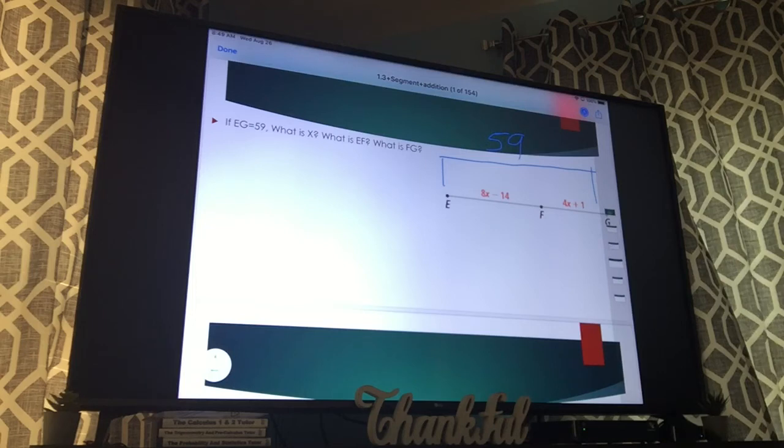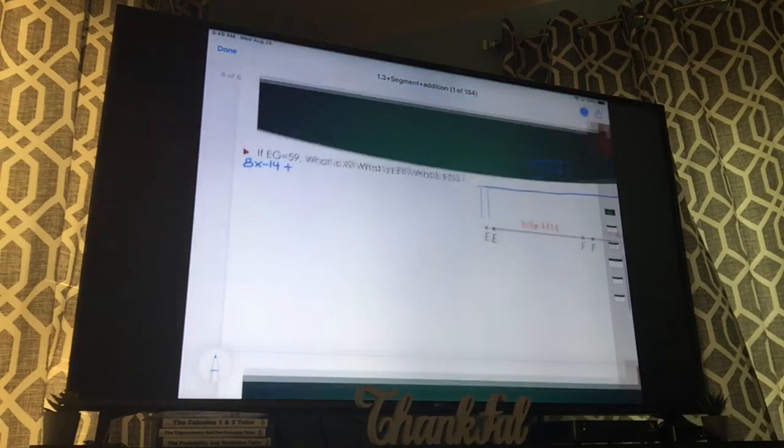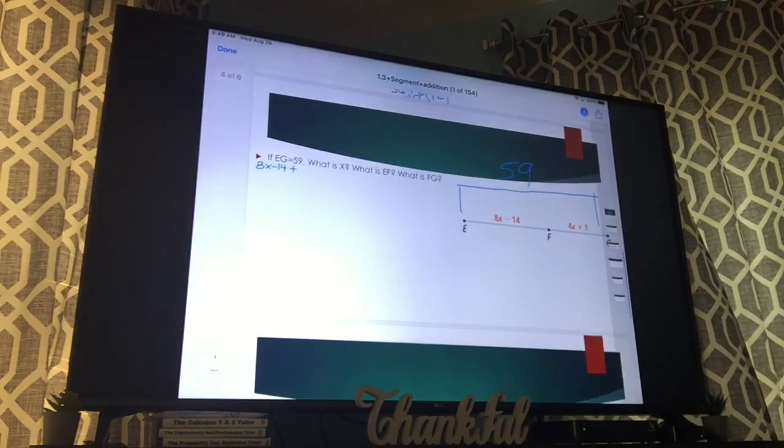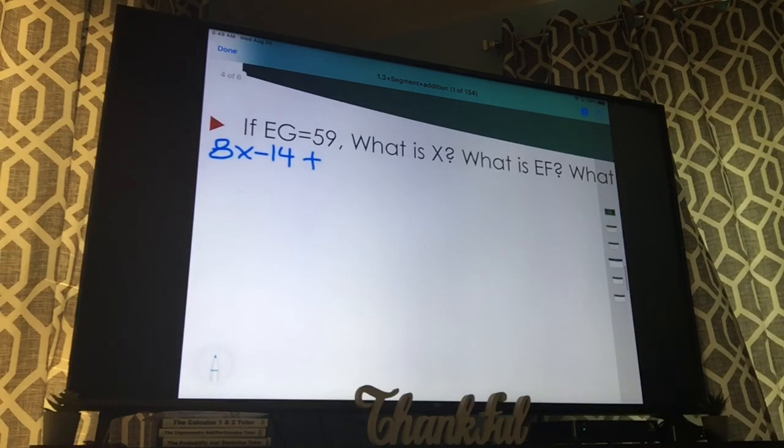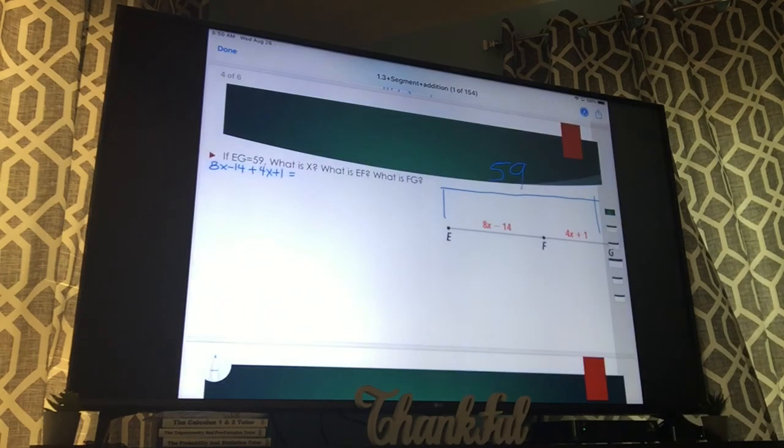So, it says 8x minus 14. That's our first segment, so we'll just pretend, but AB plus, and then we're going to do BC, which is 4x plus 1, all equals the whole segment, which is 59.